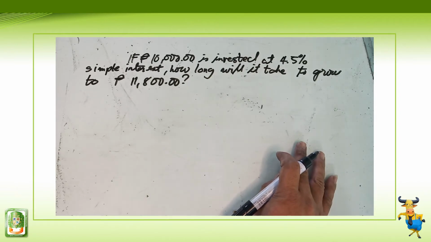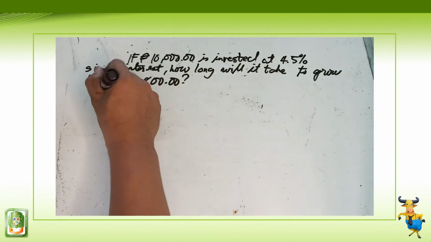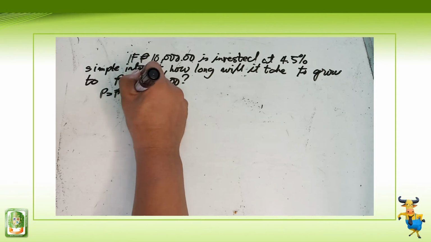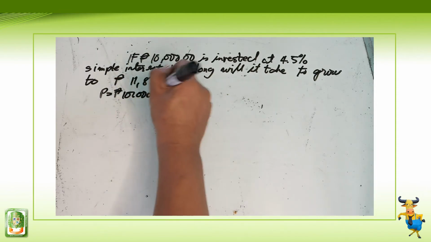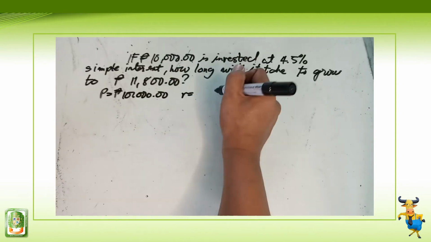So, we are going to find here the time. Taon ba to? Months? Or weeks? Ganon? So, alamin natin. So, the original principal natin dito ay 10,000. Tama po ba? How about the rate?